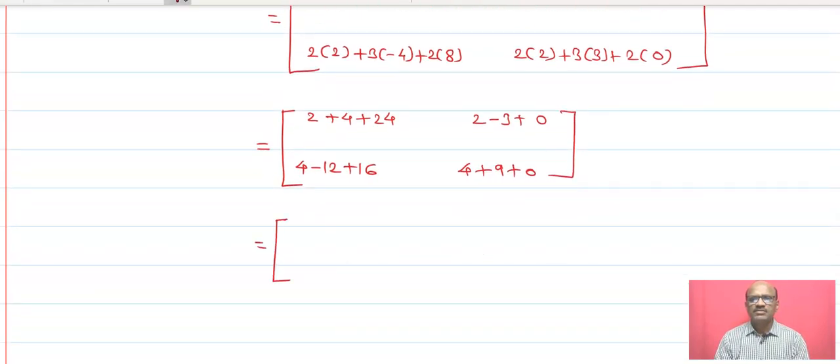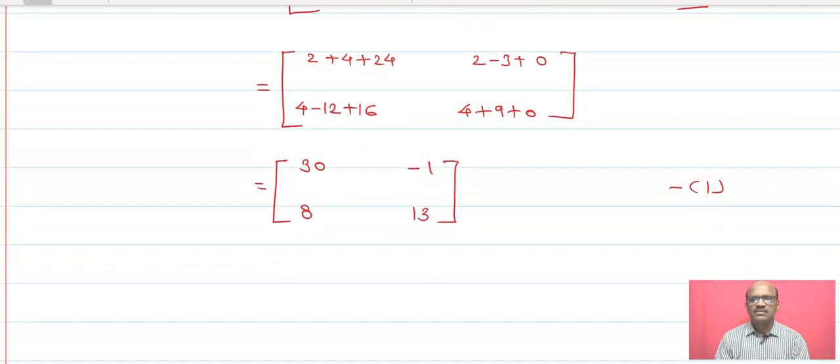After addition you will get 30, minus 1, 8, 13. This is number 1, A(B + C).